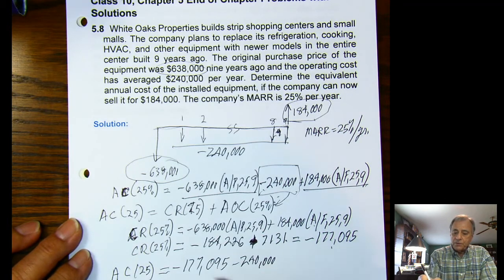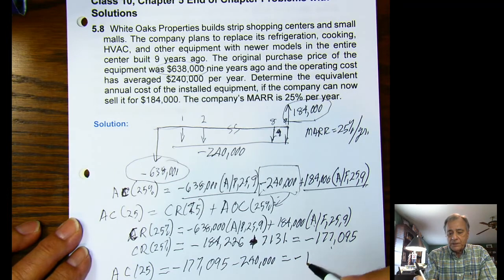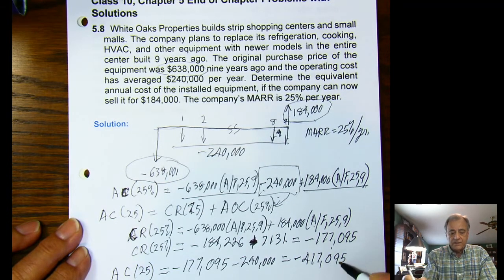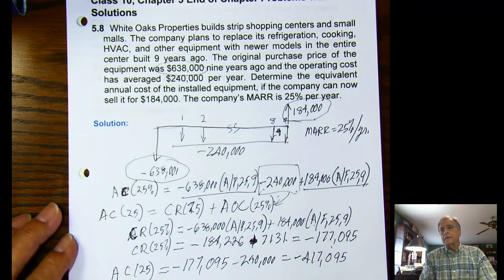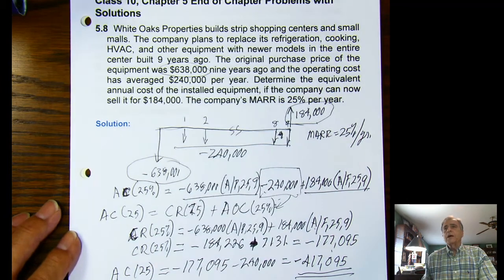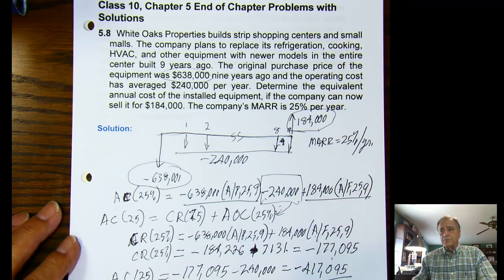Since those are both over the same time frame, I can add them. And if you do that, you'll get minus $417.95. And so that's the solution to problem 5.8 at the end of the chapter. And I'll go on to the next problem.